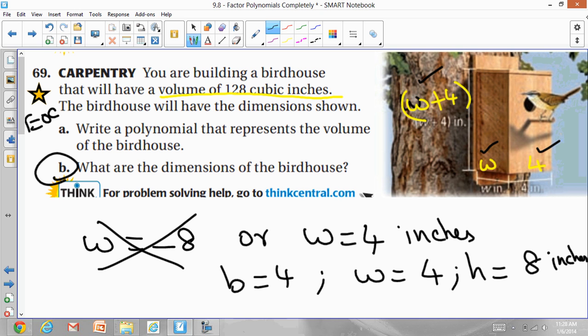So got to be cautious. So 4 is given, which is, I'm going to highlight and show you, so this 4 is this, and this is another 4, which is what we got. And the height in blue is w plus 4, so 4 plus 4, which is 8.